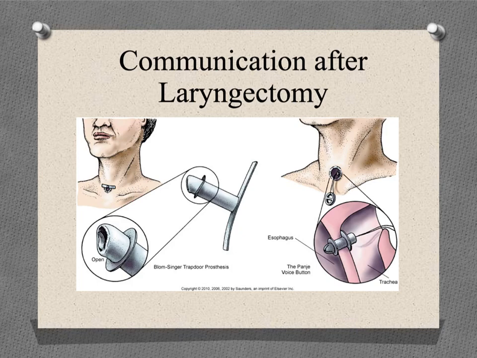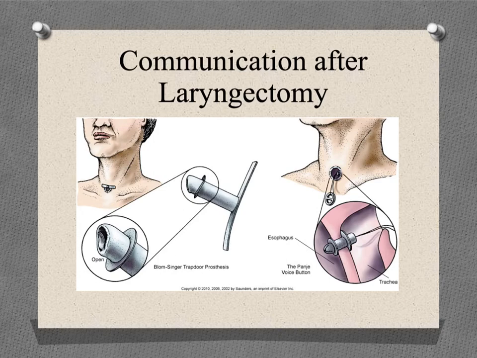Besides losing the ability to move air through your normal air passage, now you have an artificial airway. It also changes your ability to communicate, especially if the cords are removed. And usually that has to occur if someone has to have part of their larynx removed.